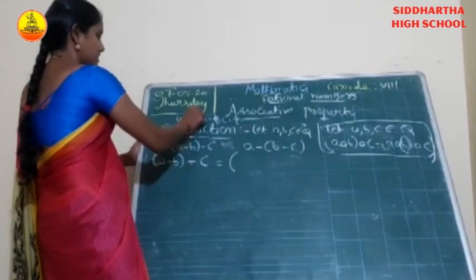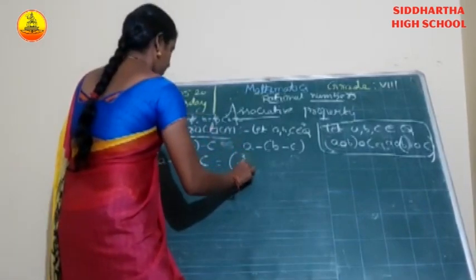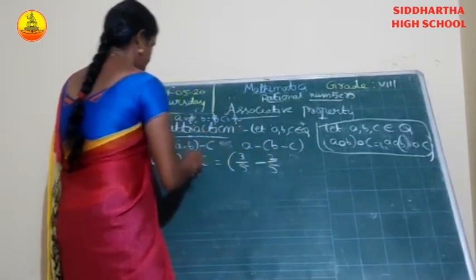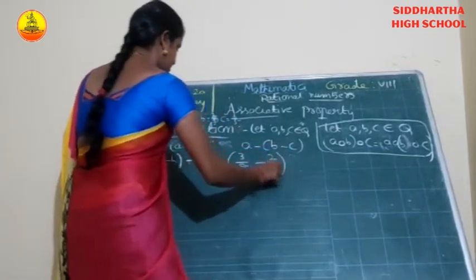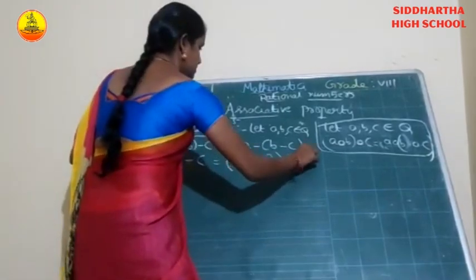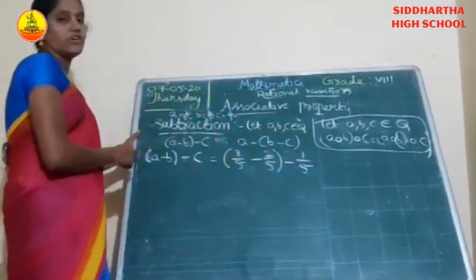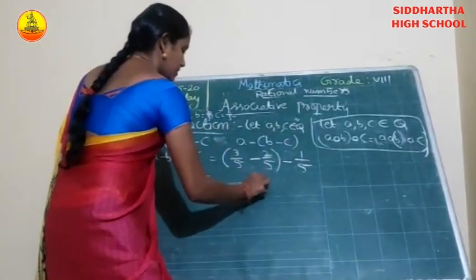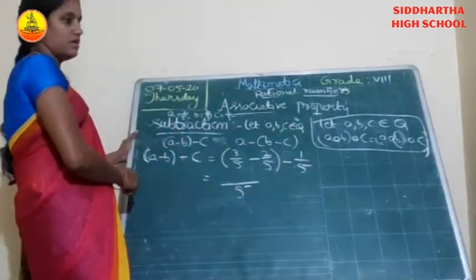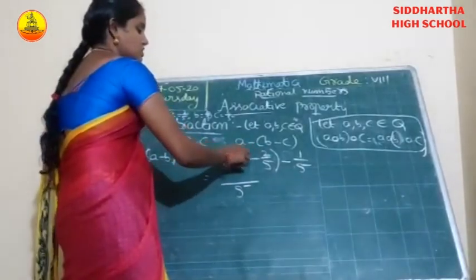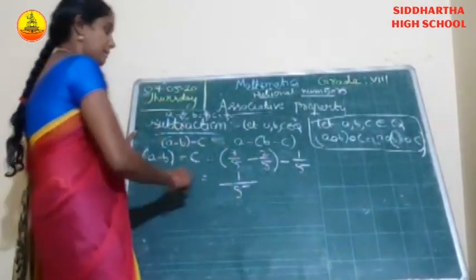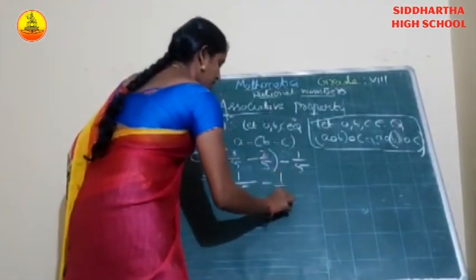A value how much? 3 by 5 minus B value how much? 2 by 5. Close bracket, minus C value 1 by 5. First you have to solve the bracket. What is the common denominator here? 5. Now subtract, 3 minus 2 how much? 1. 1 by 5 minus again 1 by 5.